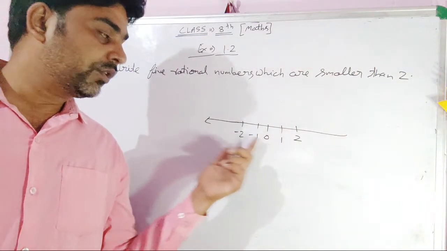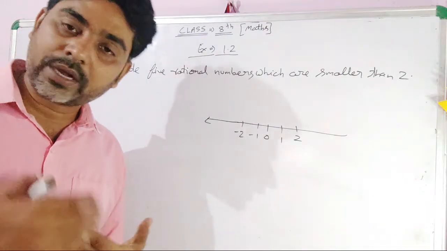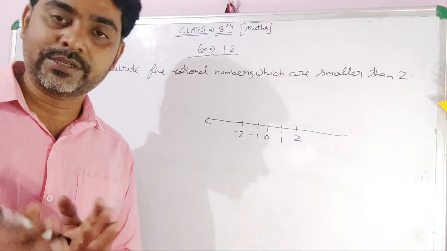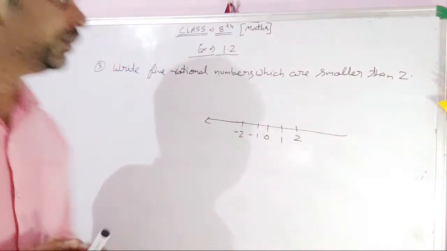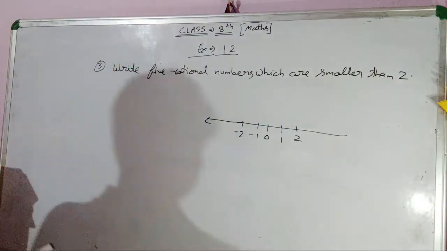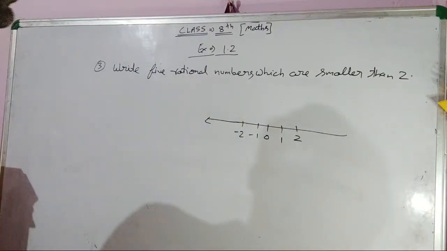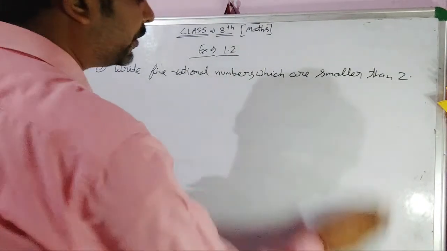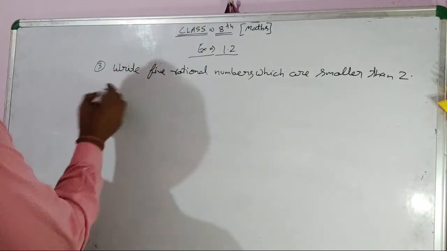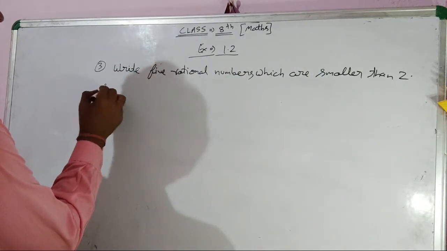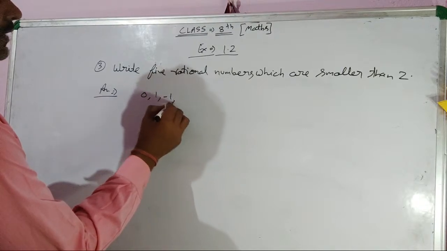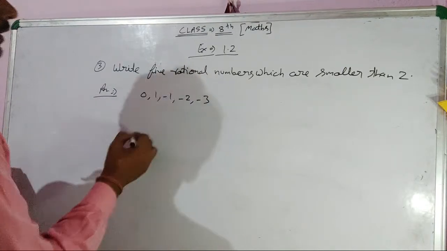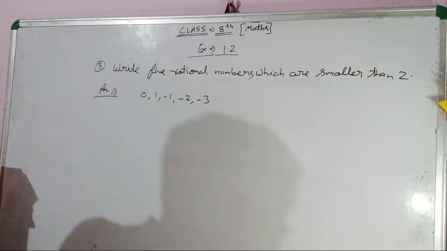Since 1, 0, -1, -2, -3, -4, and so on are all integers, and every integer is a rational number, the 5 rational numbers smaller than 2 are 0, 1, -1, -2, -3.